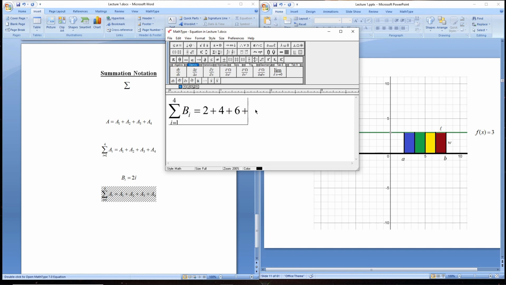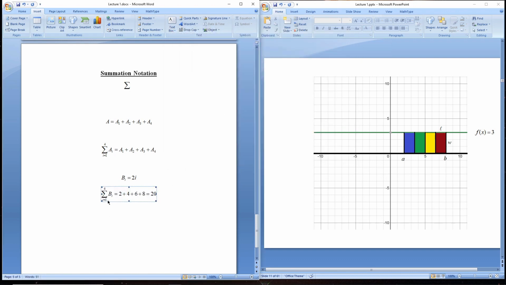That's where we're at now, so i equals 4. If we plug that in, we have 2 times 4 equals 8. Now we're done. We've summed our 4 terms, and we can see we've got 20. That is the sum. Using the summation symbol, the sum is 20.